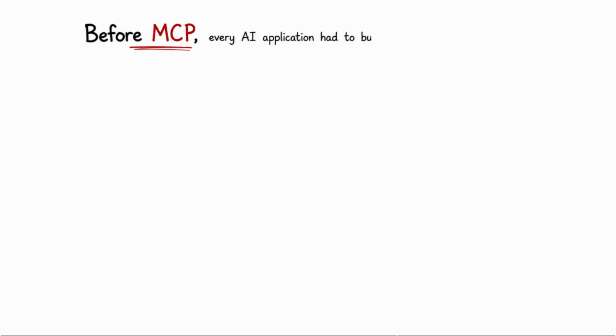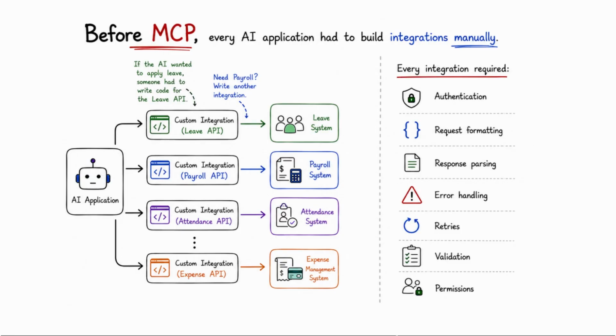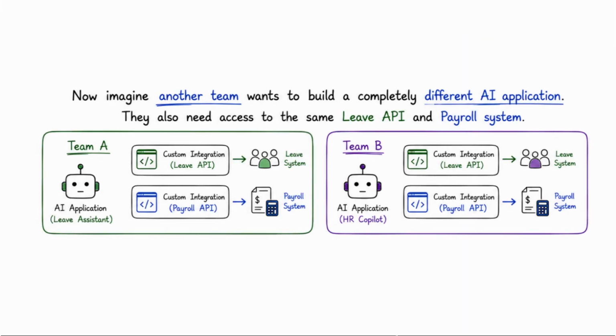Before MCP, every AI application had to build integrations manually. If the AI wanted to apply leave, someone had to write code for the leave API. Need payroll, write another integration. Every integration required authentication, request formatting, response parsing, error handling, retries, validation, permissions. Now imagine another team wants to build a completely different AI application.